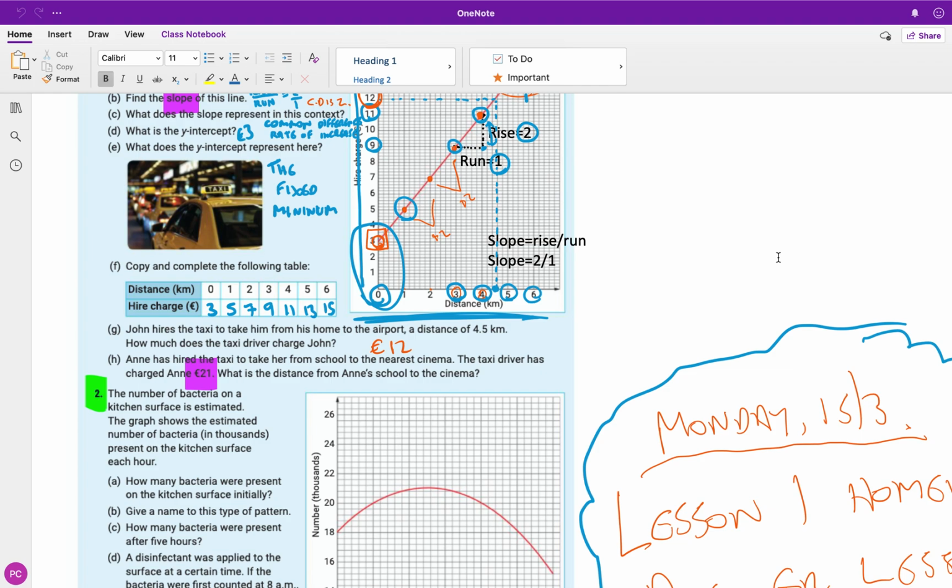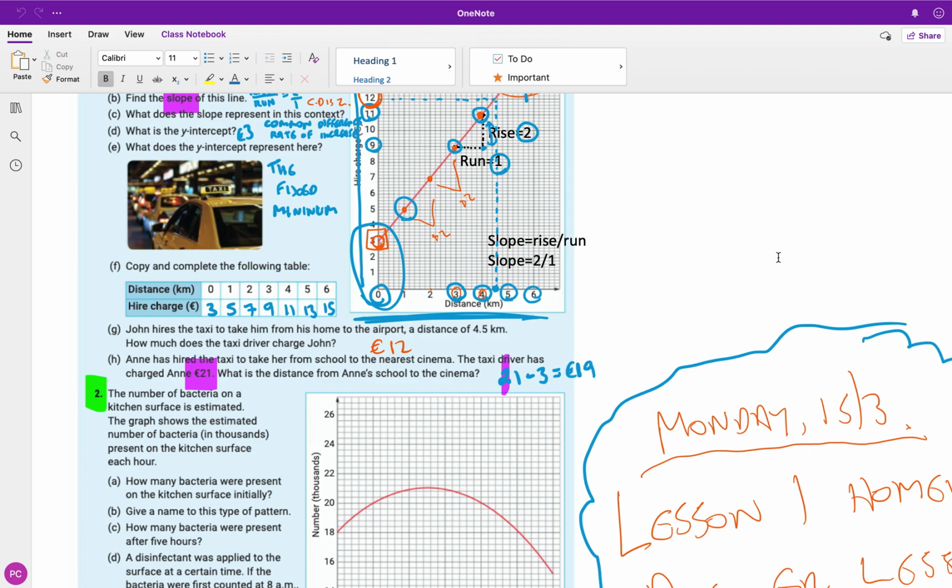Right. Well, if we say €21, and we take away the standing charge, how much it costs before you even move anywhere, which is €3. So the amount of kilometers she's going to have to pay for is going to come from 19 quid.